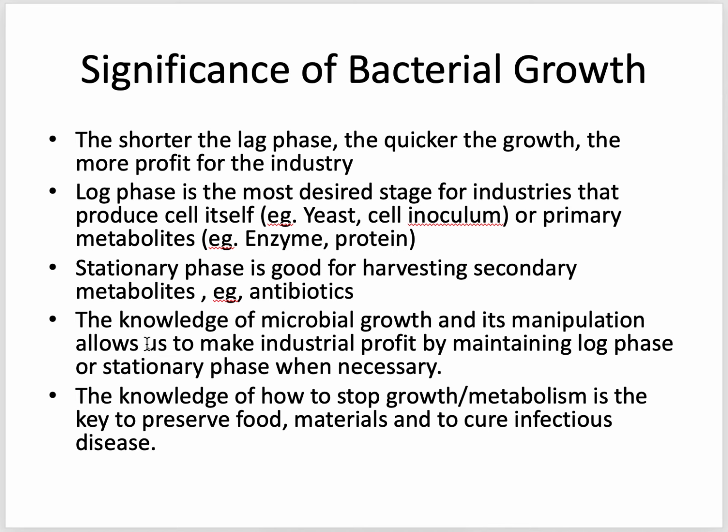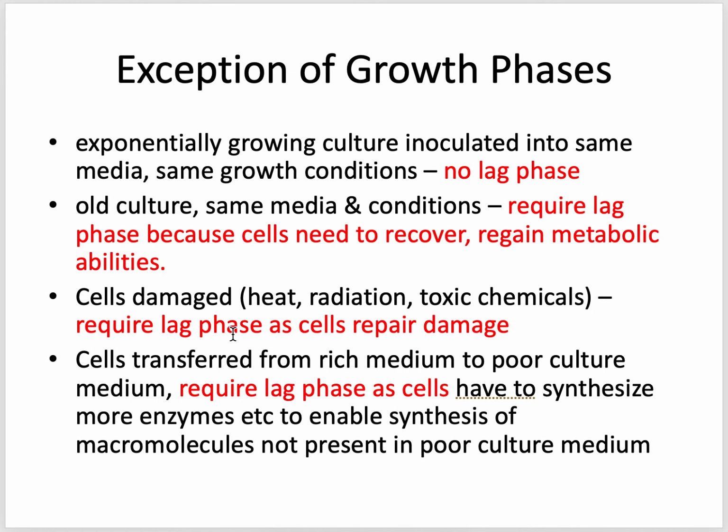You will learn this in some other courses. For this course just keep it in your mind that if we want, we can do this kind of thing. In the industry, as I said, we can increase the length of stationary phase, or we can increase the length of log phase.